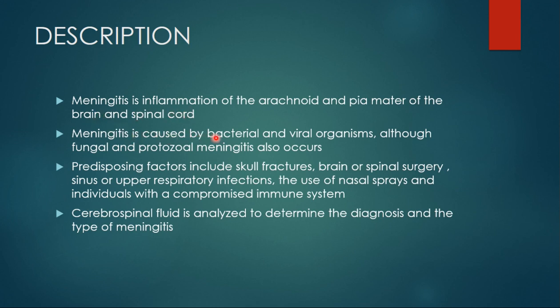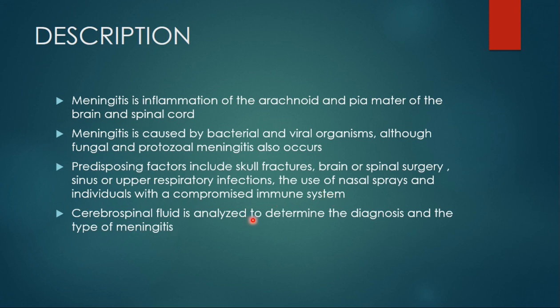Meningitis is caused by bacterial and viral organisms, although fungal and protozoal meningitis also occurs. Predisposing factors include skull fracture, brain or spinal surgery, sinus or upper respiratory infections, the use of nasal sprays, and individuals with a compromised immune system.